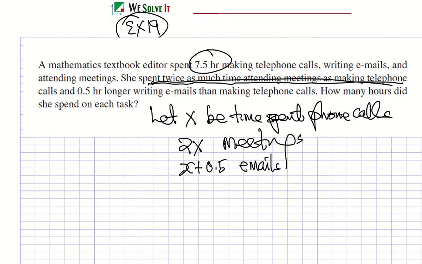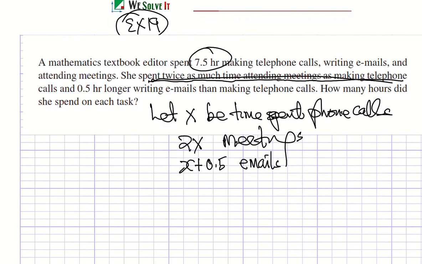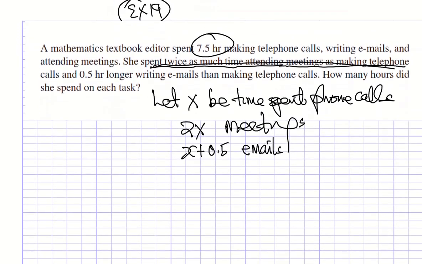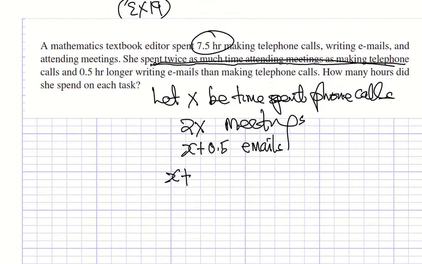They say all that added together gives you 7.5 hours. Everything is in hours. So if you say 2x plus x plus x plus 0.5, that will give you 7.5 hours. That's the equation they want us to form.